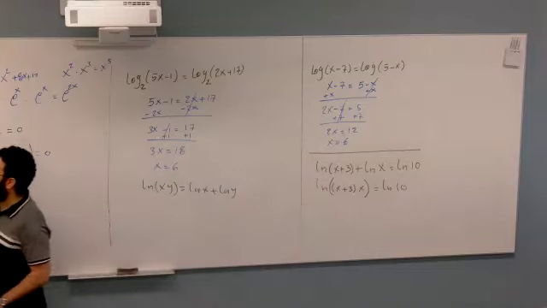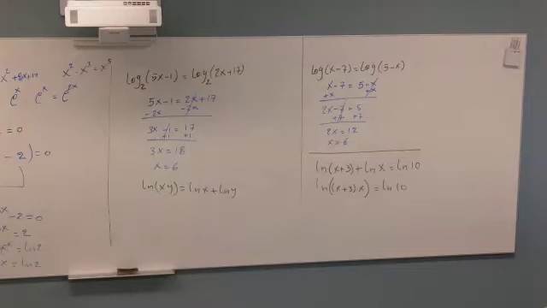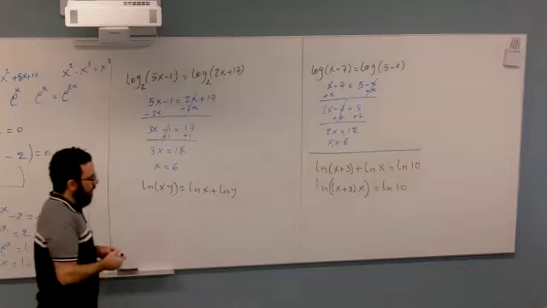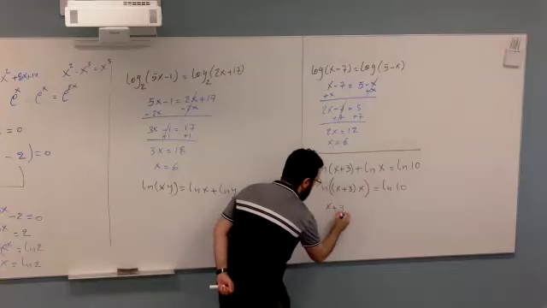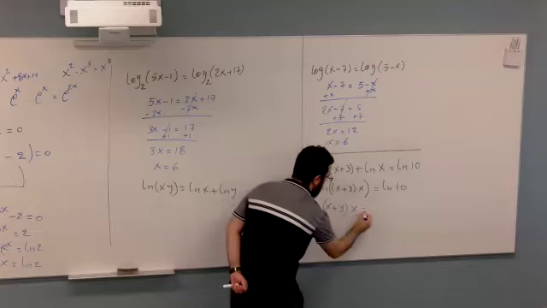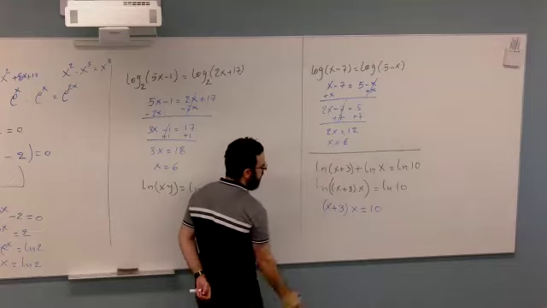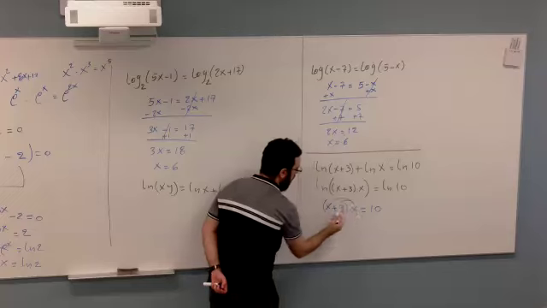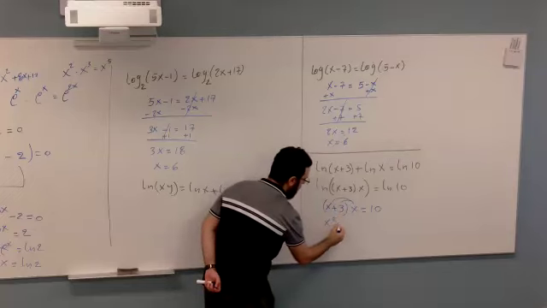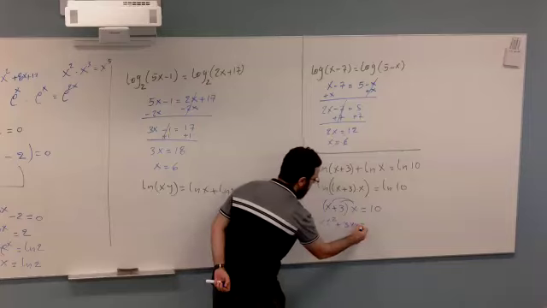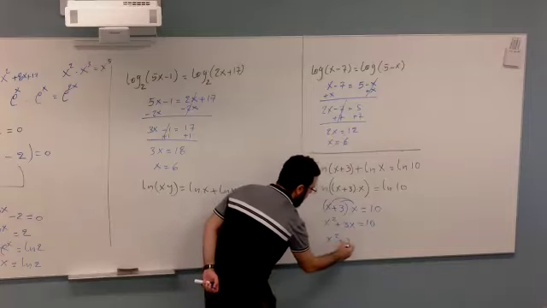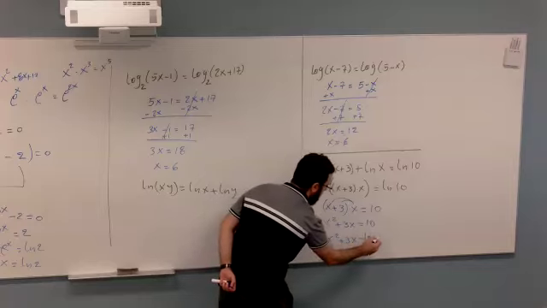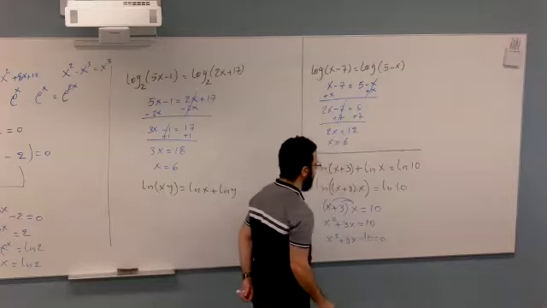Now, can I use this property, the one-to-one property? If you have ln x equal ln y, that means x equals y. Where is x? Everything here. x plus 3 times x equal 10. Now this one is easier to solve. Distribute: x squared plus 3x equal 10. Now x squared plus 3x minus 10 equal 0.